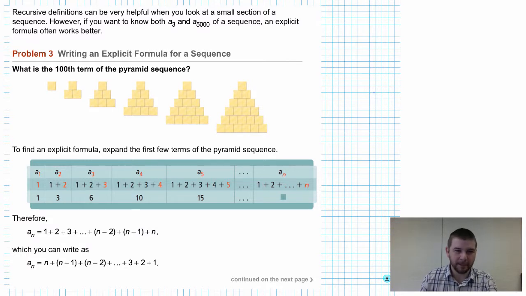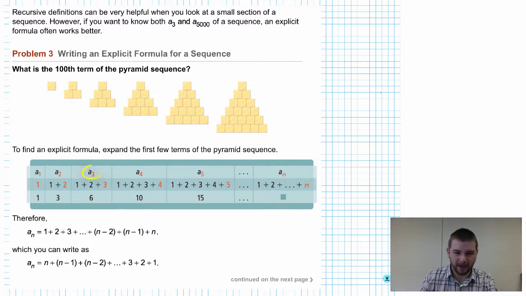We'll soon see. A sub 2, our second term in the sequence, will be a sub 1, which was 1, plus 2 more. That's using our recursive definition. We look back one value and add 2 more. We're moving toward an explicit definition or an explicit formula. So let's continue. 1 plus 2, of course, equals 3.